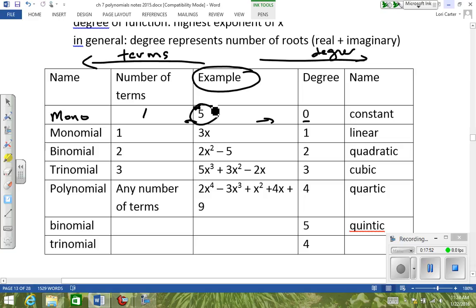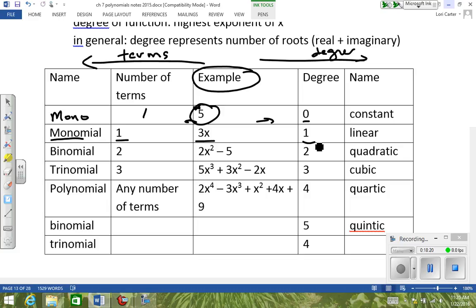Okay, let's look at this guy. 3x. How many terms? 1. Does it have an addition sign in it? So 3x, 1 monomial. Everybody good? This one you already know. What's his degree? 1. If I made you graph that, what would it be? 3 over 1.